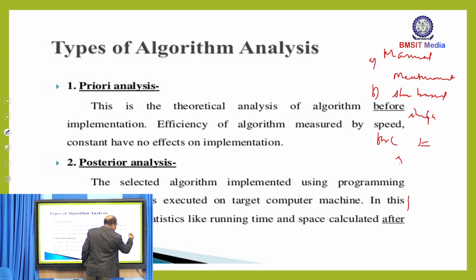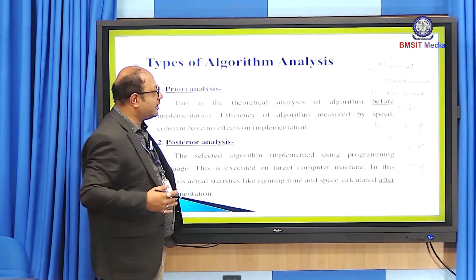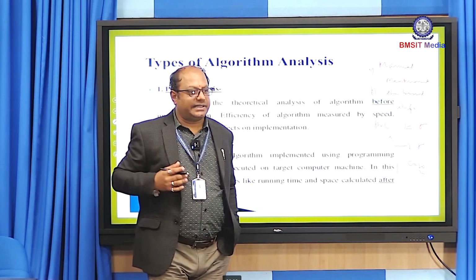For example, this may execute 5 times, and this may execute 5 times, so I can tell my count is 10. So this is one way of measuring my algorithm.